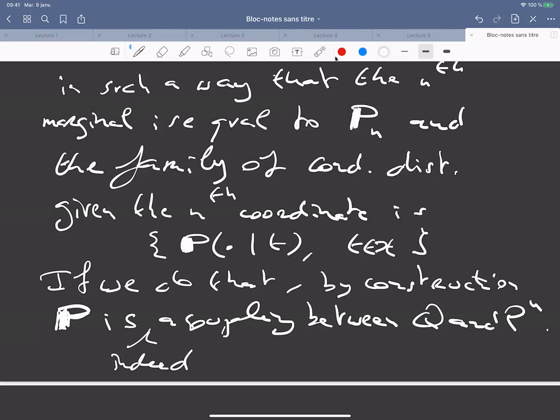And this is true because when you look at what happens for the n coordinate, this is true. And when you look at the family of conditional distributions, this is true. So this is true globally.